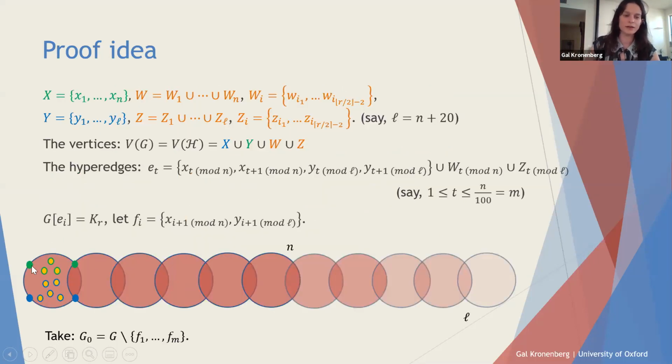Okay, so we start here, and we have n green vertices and L blue vertices. The green vertices will end here where the N is, and the blue vertices will end here where the L is. And half of the yellow vertices correspond to the green, and half of the yellow vertices correspond to the blue. And I start infecting.